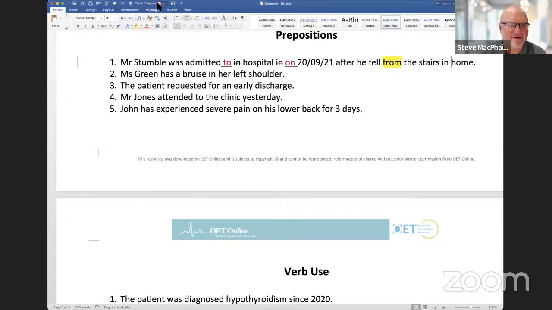I agree with that one. Fell from stairs at home, not in home. But what about instead of from? Can anyone get that? Over, no. Off, no, you don't fall off stairs. Think about this motion. Think about that motion. I suppose you could fall on the stairs, but not normally. Yes, Khadija got it. Well done.